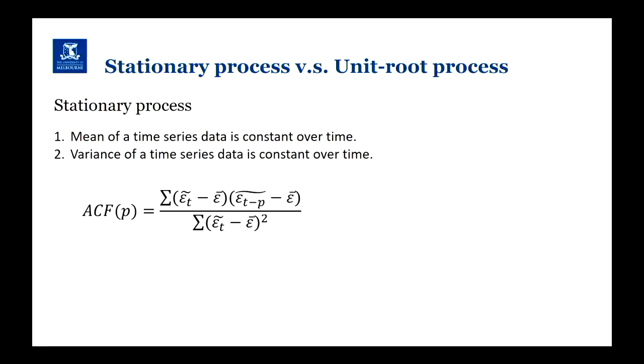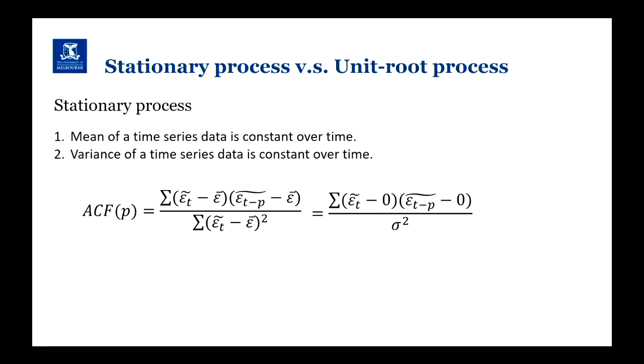In econometrics we define a time series as a stationary process if the mean of the time series data is constant over time and the variance is constant over time. So the ACF has a zero mean and a constant variance. If the data series has this feature, then we see it is a stationary process.